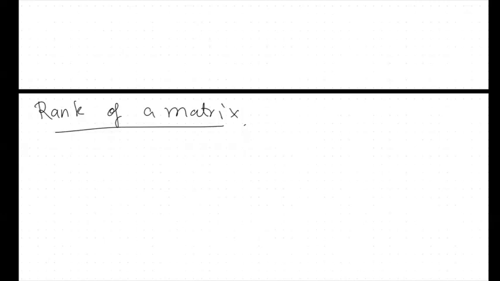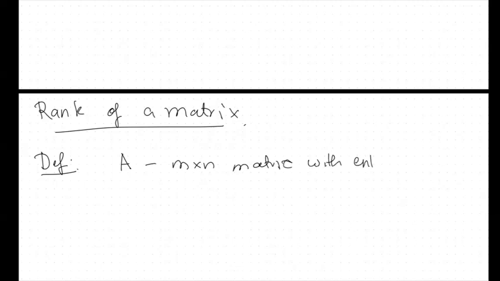Before going to the rank of the matrix, we will first define what we call the row rank and then the column rank. Here A is an m by n matrix with entries from our scalar field F.